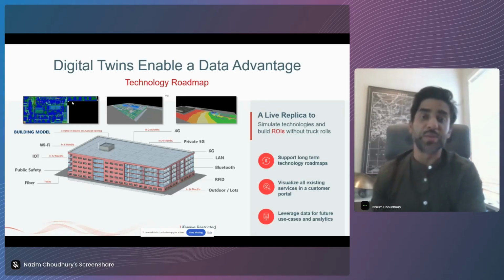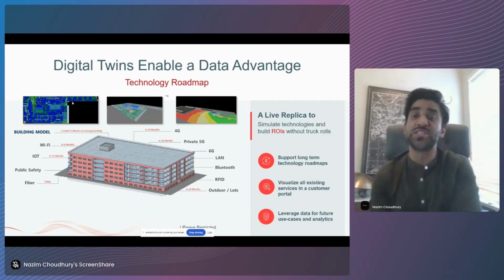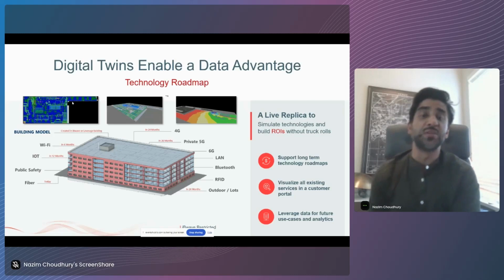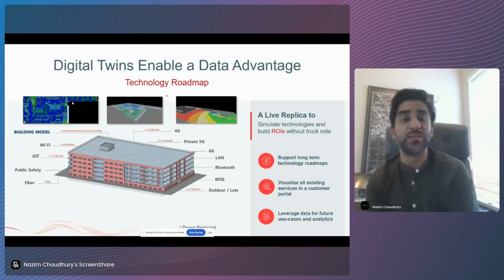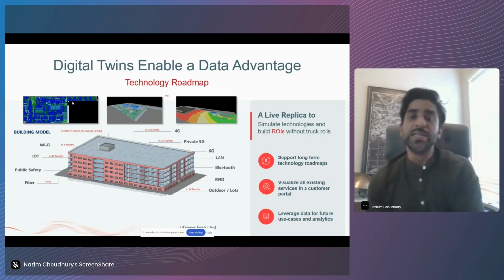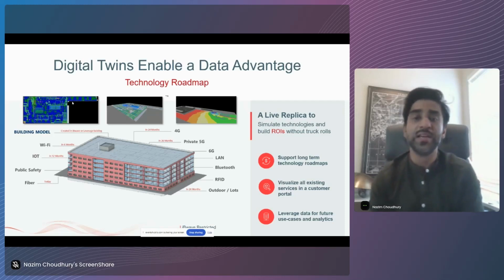So what's also important when you're starting to deploy your network and having a digital twin is that you can start understanding how these different technologies are going to interact with each other. So if I have Wi-Fi, is that going to start interfering with another network that I have, or IoT? This is the purpose of leveraging a digital twin: to understand and start layering on technologies as you're trying to justify your ROI for specific use cases, and understanding how it's interacting with the different technologies you have in your building.